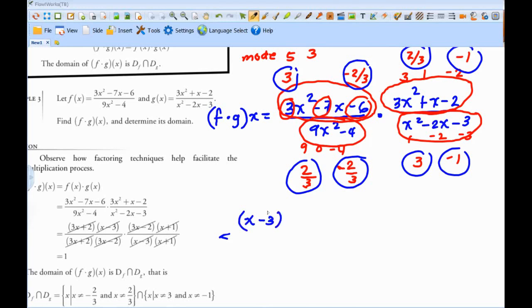Here, the denominator is 3, so you will write 3x. Since it's minus, the opposite of it is plus 2. All over, this is positive, so it will become 3x minus 2. And this one is 3x plus 2 because it is negative.